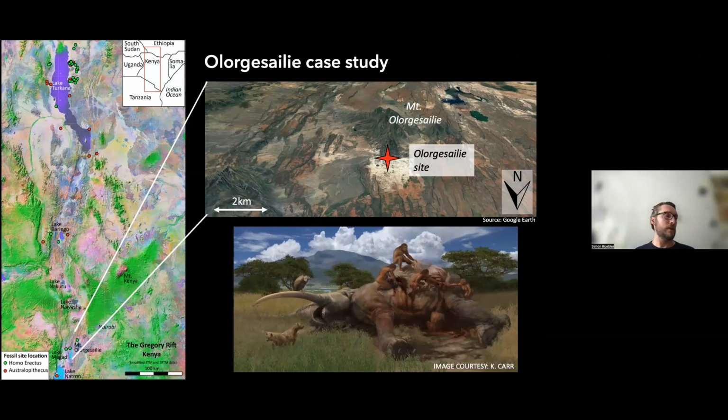Through dating of the individual lake beds and the occurrence of artifacts, one could see that this region has been inhabited for several hundreds of thousands of years on and off. So it's been a region of high attractiveness for early hominin inhabitants for a very long time.